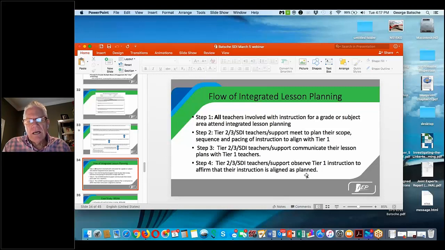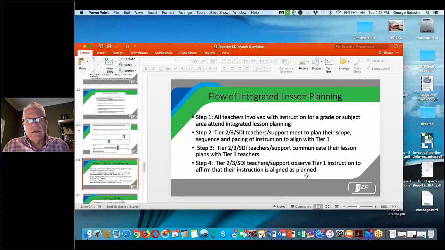As that pacing got off kilter, then we simply communicated how we're modifying the pacing chart so that everybody else understood. Even though those grade level teachers may meet once a week, it's not necessary for everybody to meet once a week if they will plan for a month.